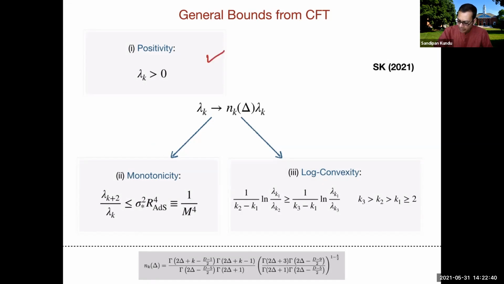The positivity condition is exactly the same. We have similar monotonicity and log convexity conditions, which are obtained by taking the old relationship and just rescaling lambda k by this quantity, where this overall coefficient N of delta, which is written here, is a known prefactor, the exact form of which is not important. The fact is that we exactly know what the prefactor is. We just have to replace lambda k by this quantity in the monotonicity and log convexity conditions. That will give you the exact bound which is valid for both the massive and the massless case.